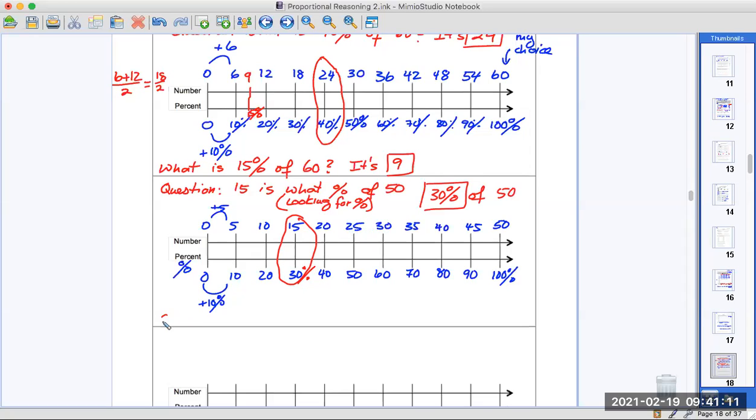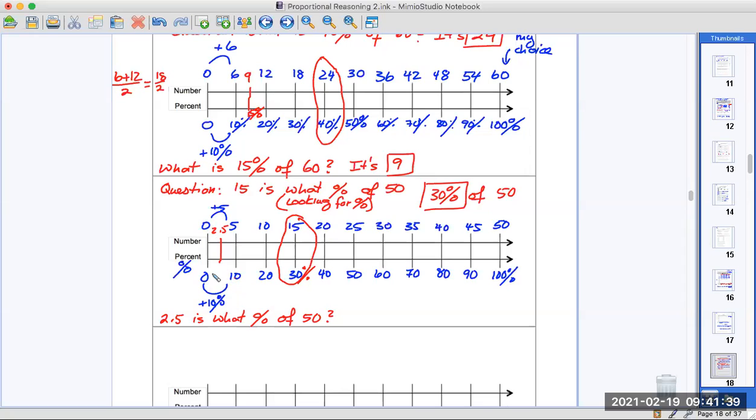I have another question. 2.5 is what percent of 50? Again, we're looking for percent. But 2.5, the number isn't here. 2.5 is a number. This is the percent, but it's 0.5. So 2.5, having my number sense, is halfway between 0 and 5.